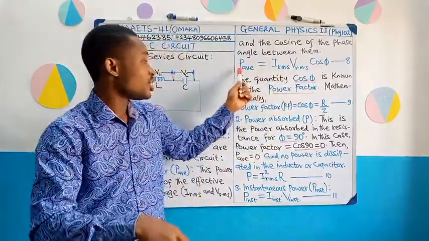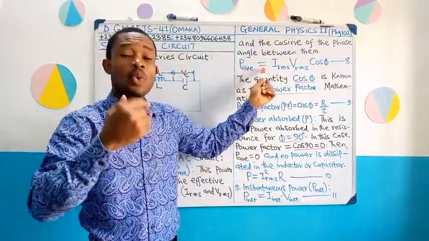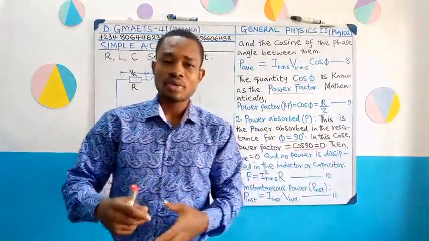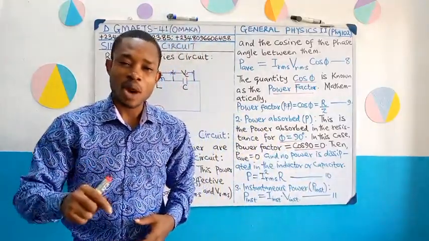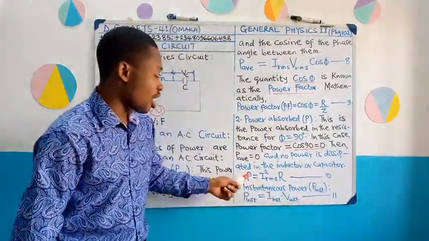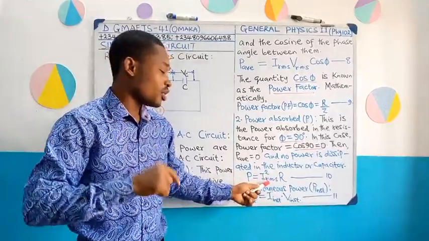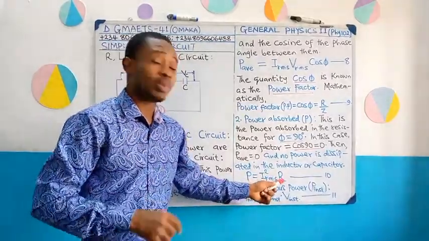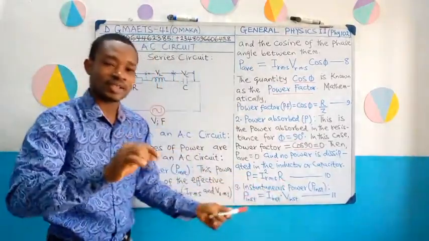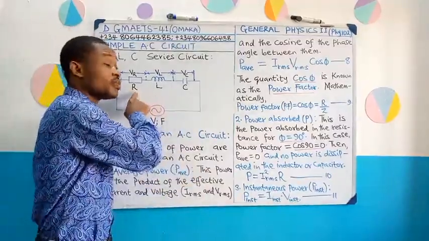That in such a case, the average power will be equal to 0. So once the average power is 0, we now talk about the power absorbed. In such a case, the power absorbed is the square of the root mean square current multiplied by the resistance, because this power absorbed is the power absorbed in the resistor.